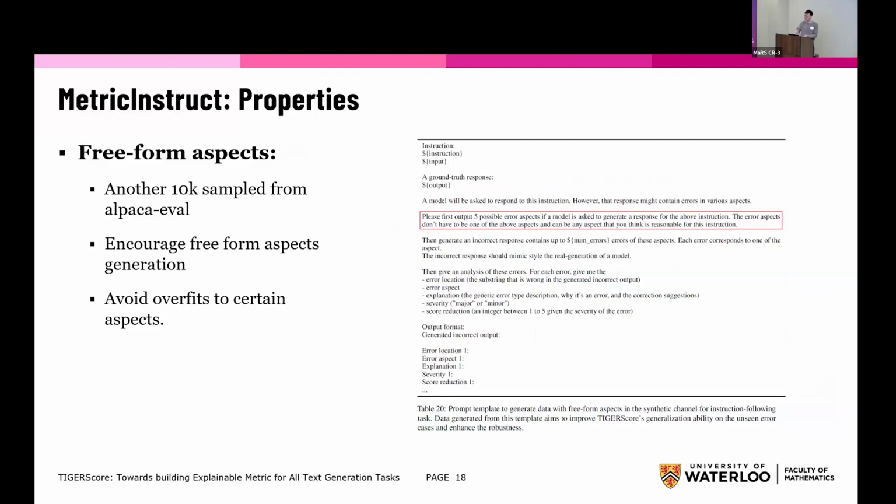But their definitions and names are fixed, and we don't want our model to overfit to these predefined aspects. So we want GPT-4 to generate some out-of-distribution aspects that we didn't cover in our predefined definitions, so that it can better generalize to unseen error types or unseen tasks.